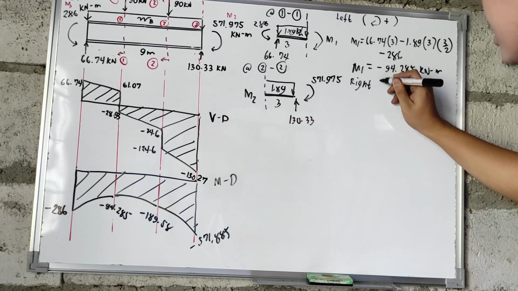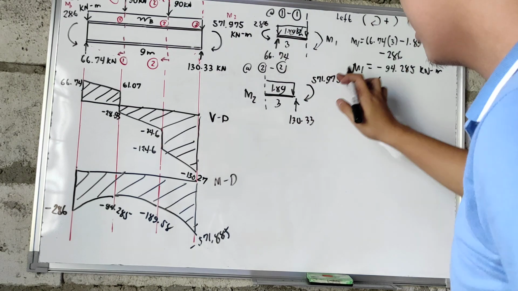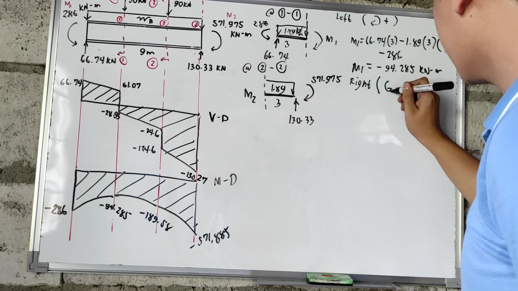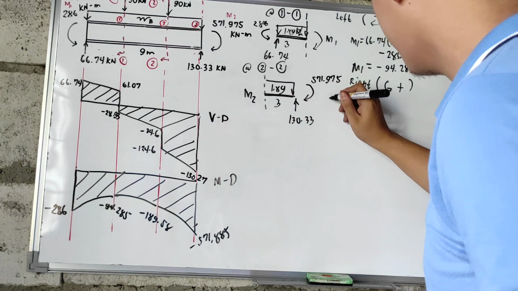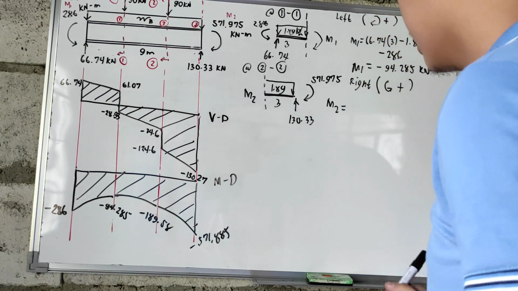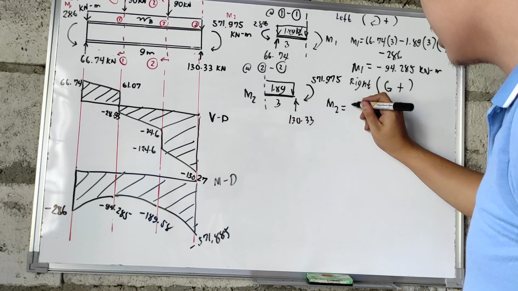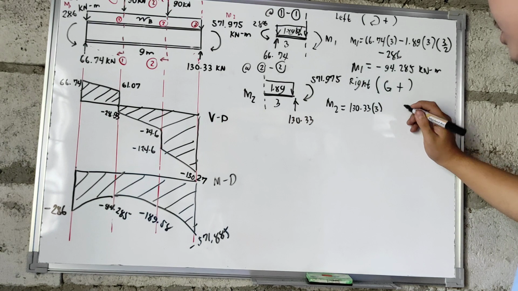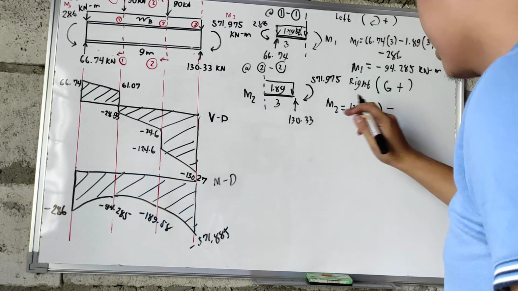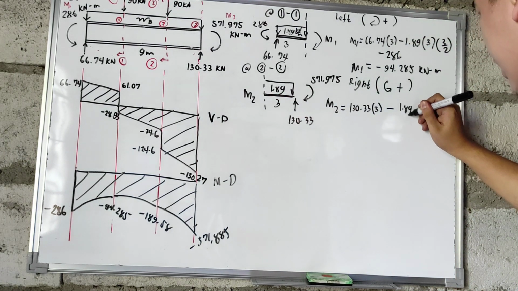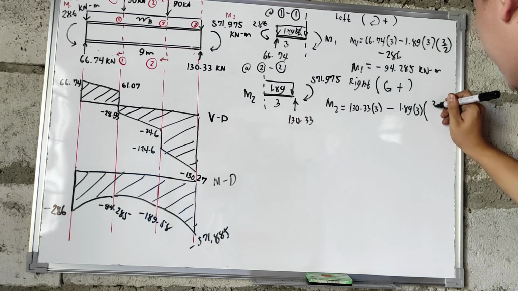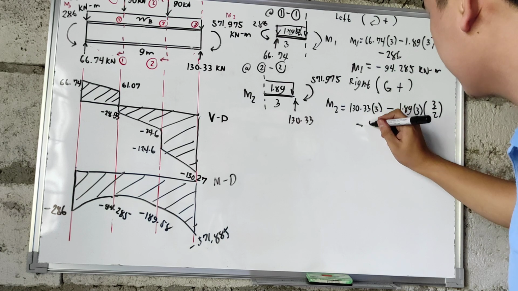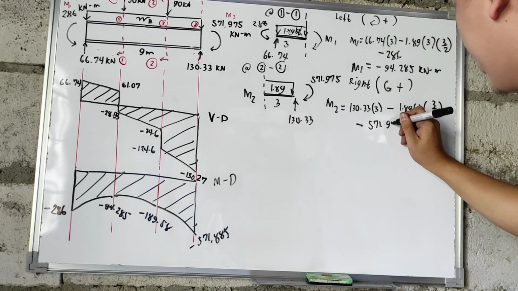So, kapag sa right, siyempre, kung dito sa left, clockwise positive, dito naman is counterclockwise is positive. So, in this example, the value of our M sub 2 is now equal to 130, since clockwise and positive, multiplied by 3, minus, etong 1.89 natin, multiplied by 3, multiplied yung kalahati ng 3, minus 571.975.